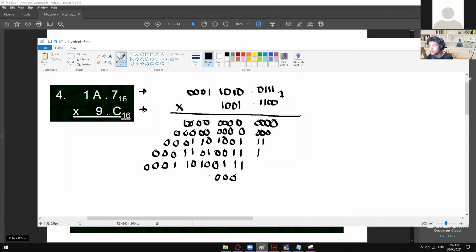Then 1, 2, 3, 4 for each group, with another 0 right here, and another 1 right here. Just simply copy everything. 1, 1, 1, 1, 0.